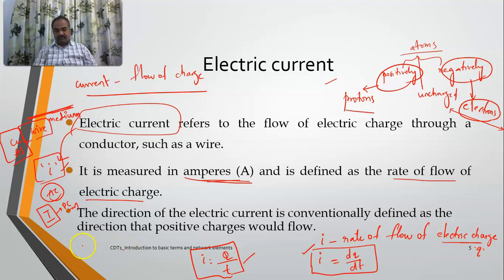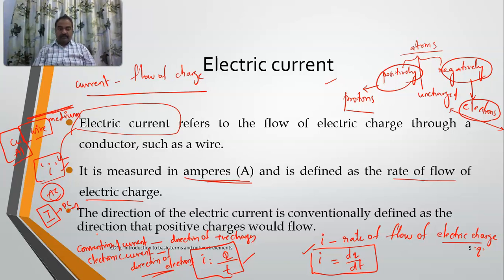So, conventional current is the direction of positive charges, whereas electronic current refers to the direction of electrons or negative charges. So current is basically referred to along with its direction and is defined as dQ by dt.